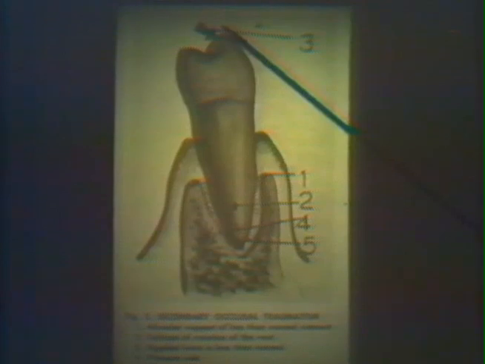And point number 3 now is the applied force is less than the normal amount of force, as illustrated by a very small arrow. But again, in this case, the force is applied to the tooth not in an axial direction, but in a non-axial direction. So therefore, the difference between primary trauma and secondary trauma is the amount of force applied and the amount of periodontal support.